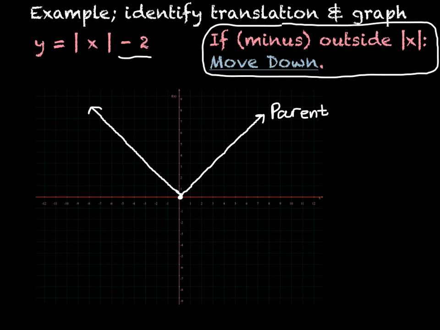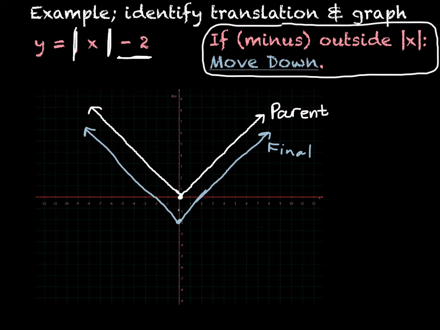So there's a minus 2 on the outside of the absolute value. So we're going to move down that number of units, so down 1, 2. So that is the point of my v, and then I'm going to go up 1 over 1. So this is my final.